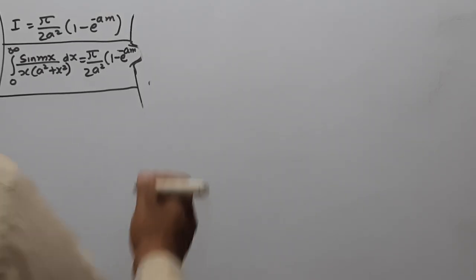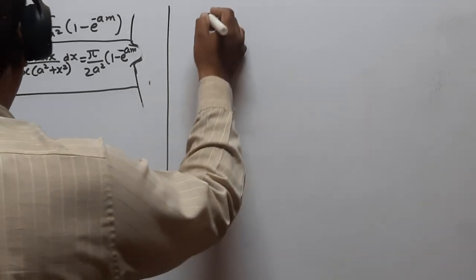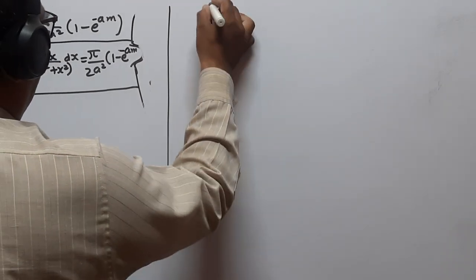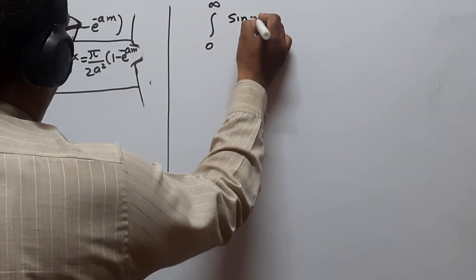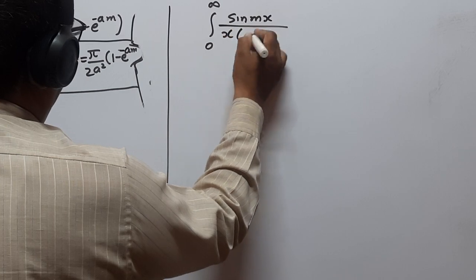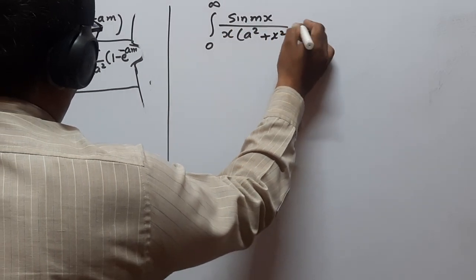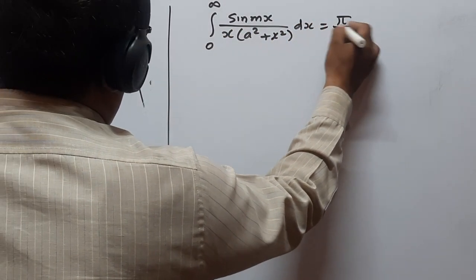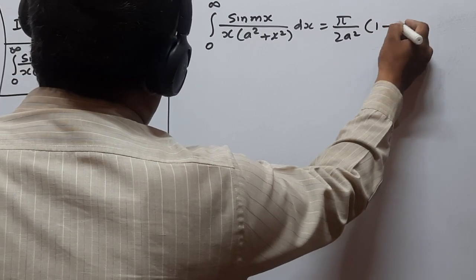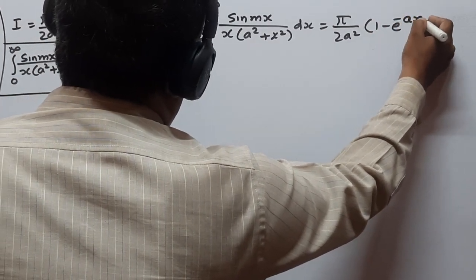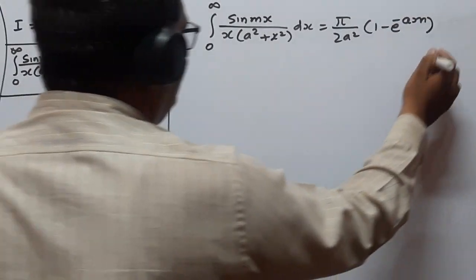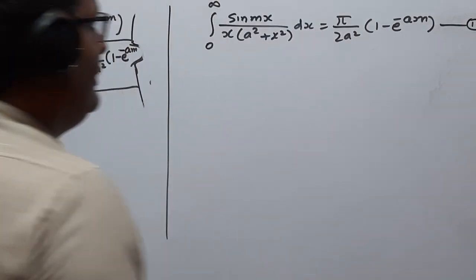Now you can see the given integral from 0 to infinity of sin mx divided by x times a square plus x square dx is equal to pi upon 2a square times 1 minus e to the power minus am. Suppose this is 1.